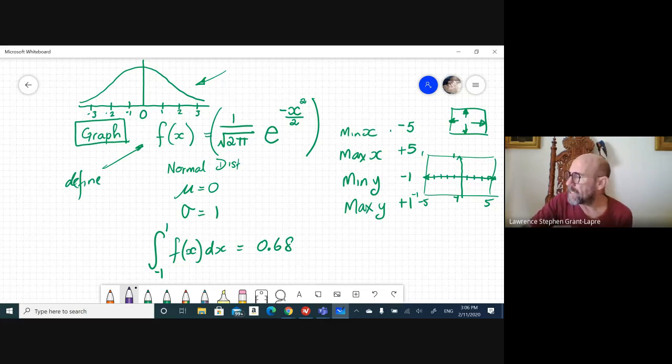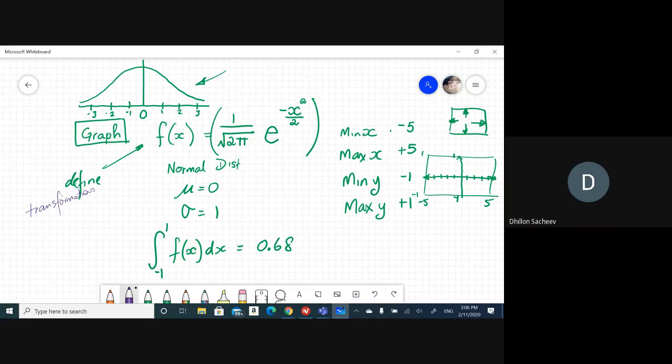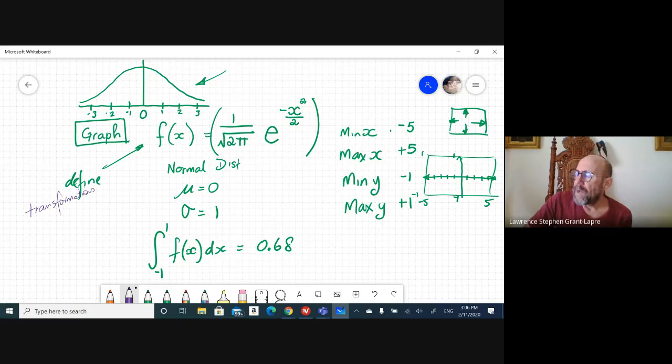The next part of the lesson is very tricky, the next few minutes. Do you remember transformations of graphs? You remember that? Yep. Okay. I want to stretch this out so that we don't have 1.